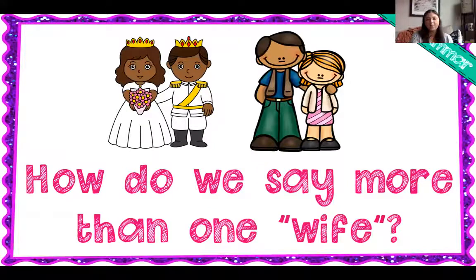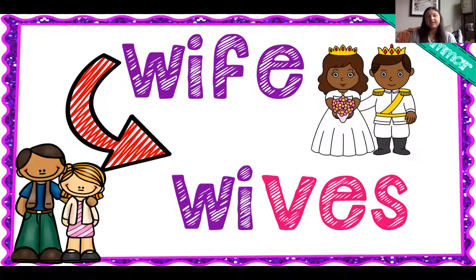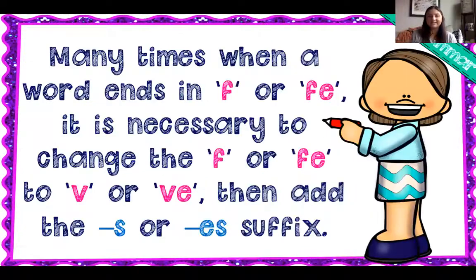How do we say more than one wife? Wives. I say the word wives. All of the wives got together for book club. Wives. For this one, again, I'm going to take off the F, and that's V-E-S. So I take off the ending and I change it to V-E-S.